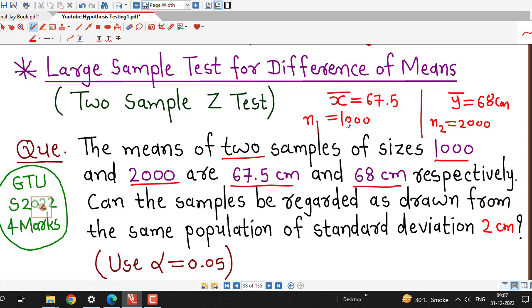So we are given two samples which are selected from populations with these sample sizes and these sample means.